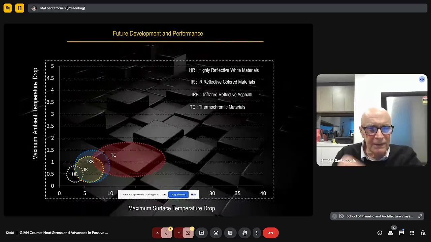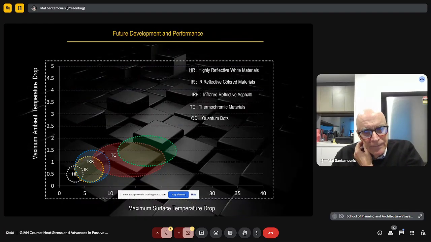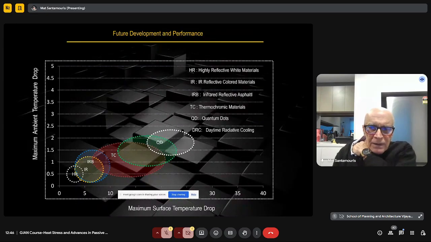There are some problems of stability with the thermochromic materials, but the thermal performance is very good. And then we moved to the photonic materials, which help very much the daytime radiative coolers, as we call them, to decrease the ambient temperature of cities by up to 2.53 degrees, and combined with other mitigation technologies, to decrease the temperature by up to 4 degrees, etc.